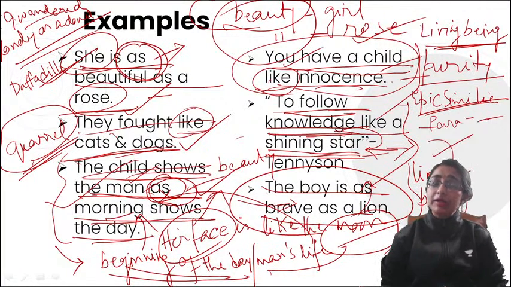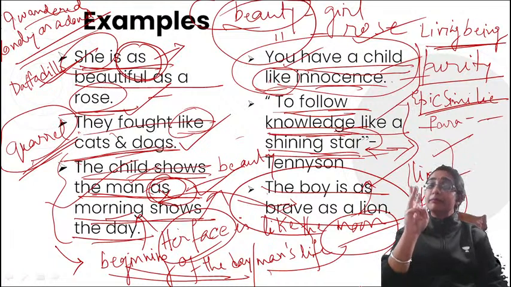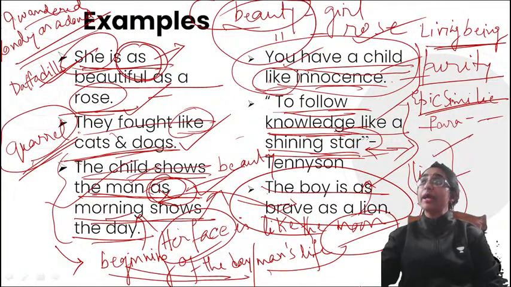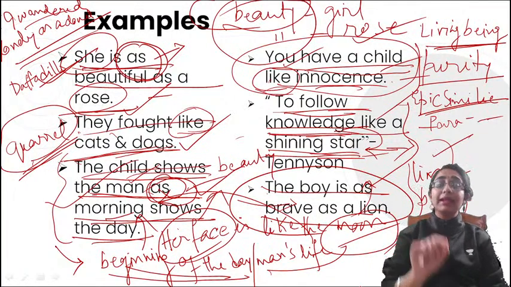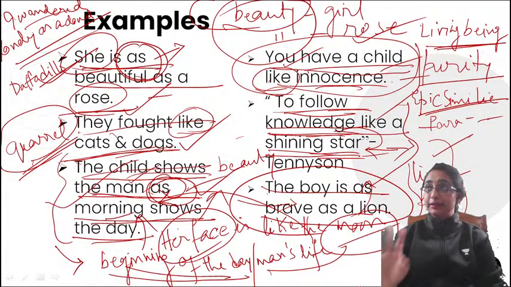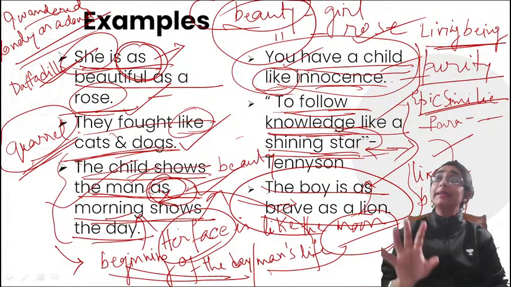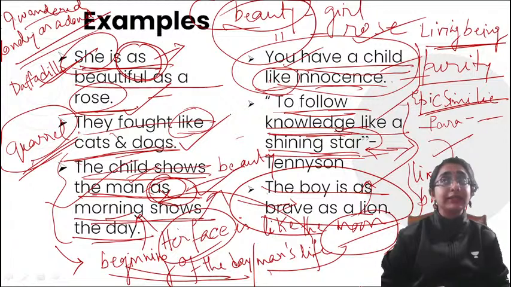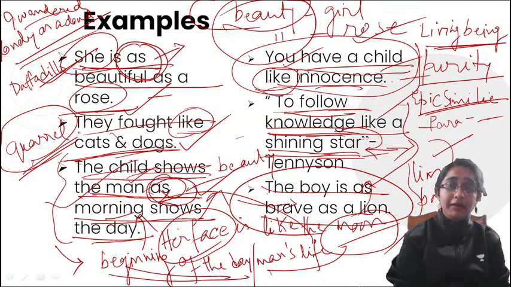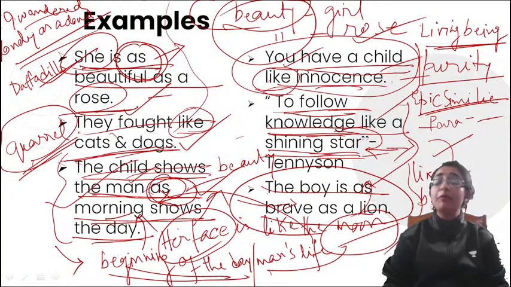The third important thing is that you will find some specific words which will help you to make the comparison. For example, like or as. You will find these words. And the comparison is explicit. That is why the comparison is explicit. You can very well guess just by reading all these sentences what the point of comparison is.